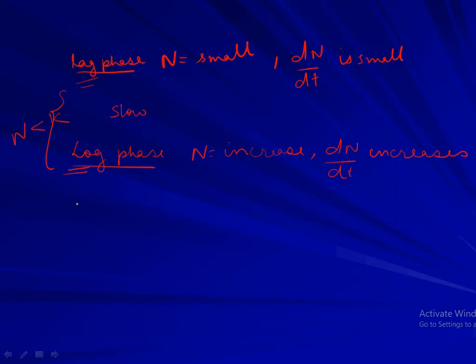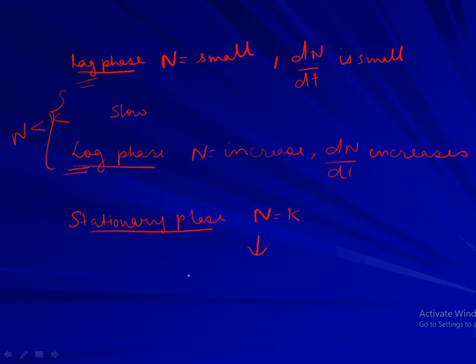Now, if we talk of the third phase, that is the stationary phase, at this phase N is equal to K. Population density is equal to the carrying capacity. Since carrying capacity is reached, the population growth rate decreases. Population doesn't increase any further.